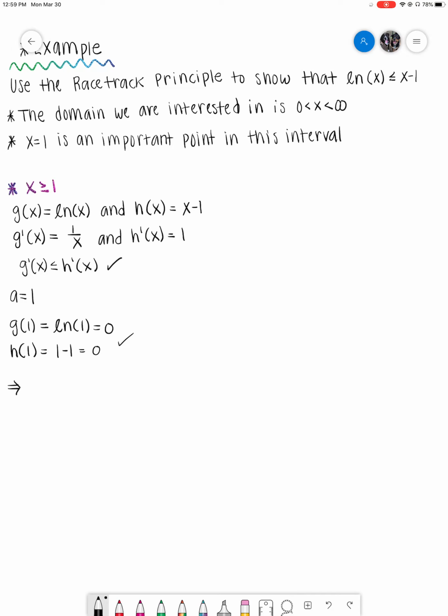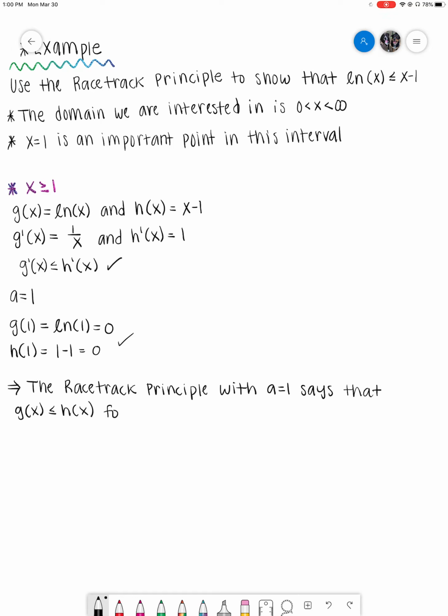So then the racetrack principle with a equal to 1 says that g of x is less than or equal to h of x for x greater than or equal to 1.